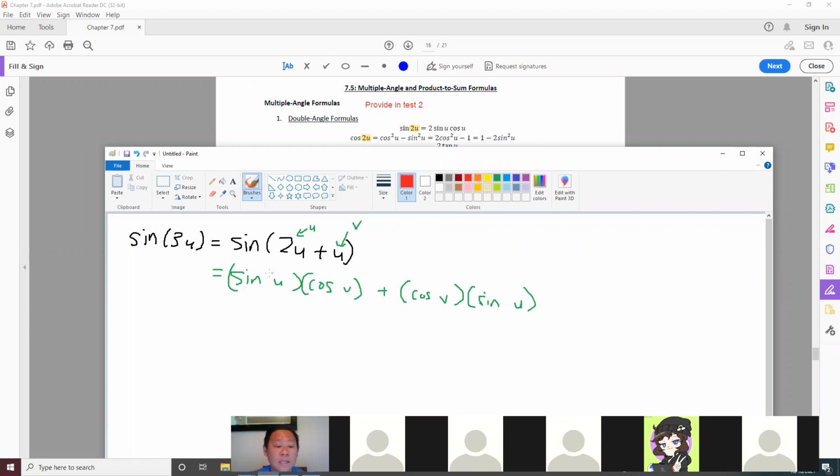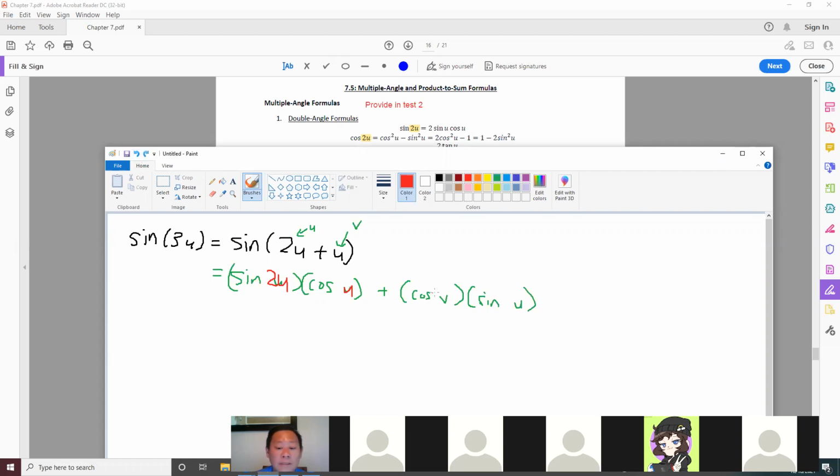So sine u in this case becomes sine 2u, cosine v becomes cosine u because your v is u, plus cosine u sine 2u. No, sorry, my bad, wrong.